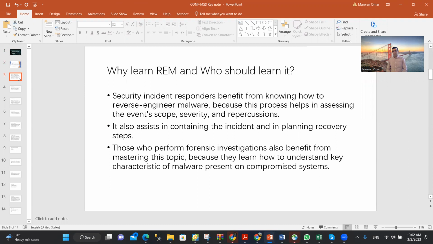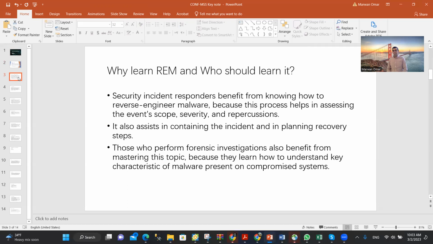When a cyber attack strikes, it's important to have somebody on the team to be able to handle the situation and start analyzing the malware. So again, security incident responders benefit from knowing how to reverse engineer the malware. And by the way, REM is a term that we use interchangeably with malware analysis. So if we say malware analysis or REM or reverse engineering malware, basically we are referring to the same thing.